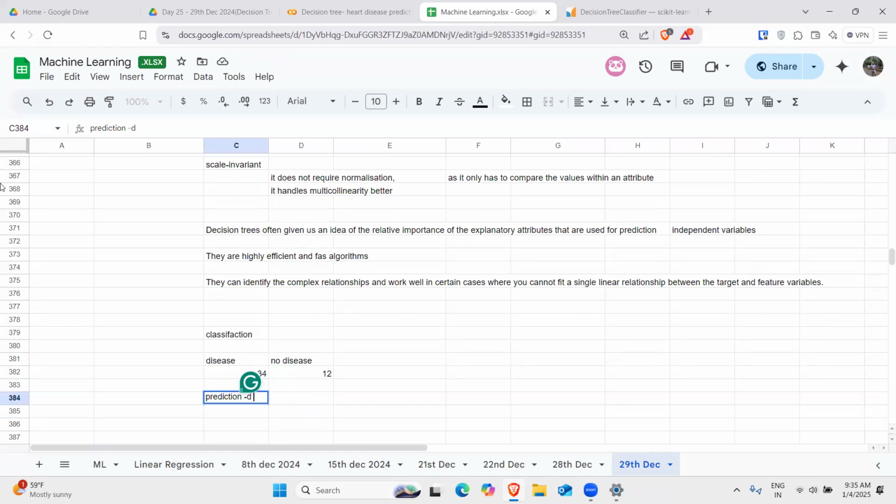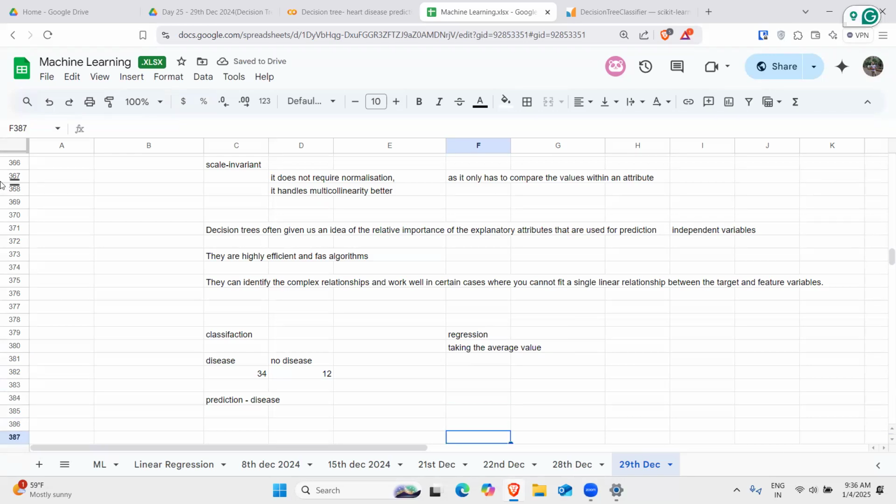Prediction is disease. And in regression, what you do is take the average value of the node, right? And this average is calculated using the formula which you can see.